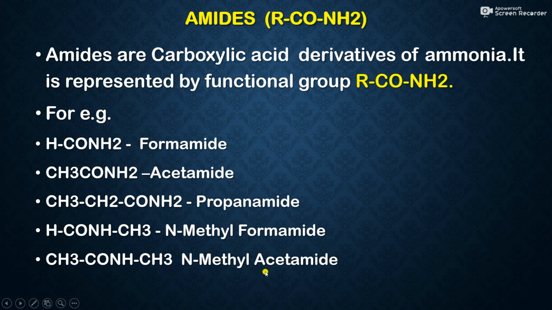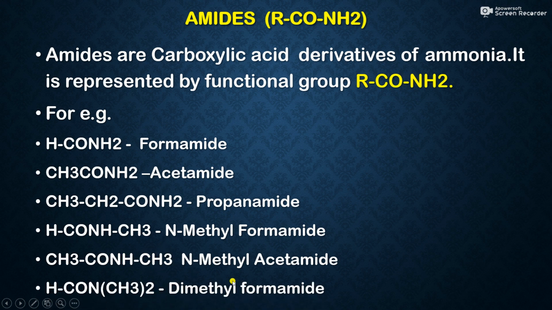Then N-methyl acetamide, so this part is acetic acid and this methyl group, therefore N-methyl acetamide. And dimethyl formamide, so on nitrogen, two hydrogens of the amide nitrogen are replaced by CH3 group, twice CH3 group, therefore it is known as dimethyl formamide, DMF.